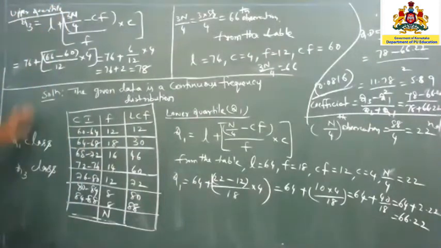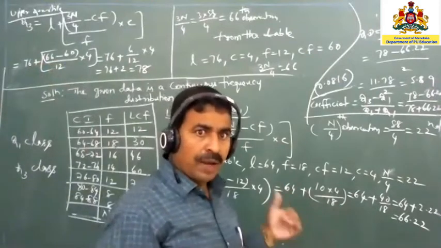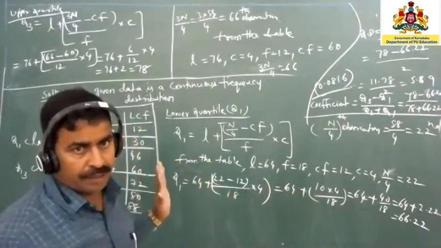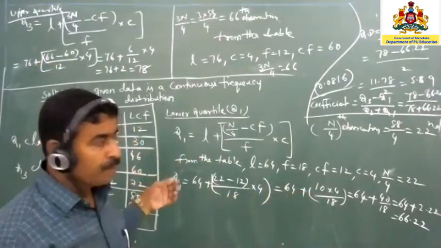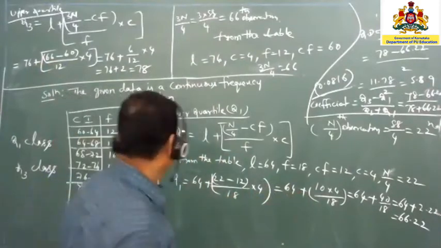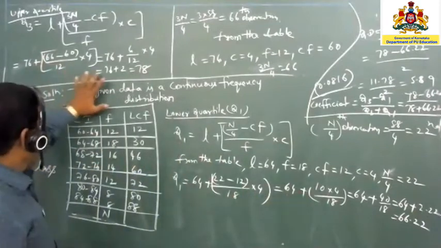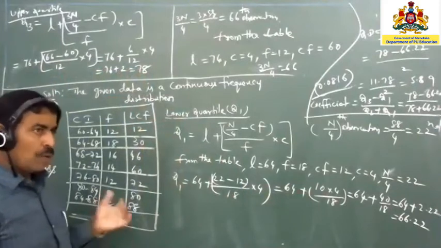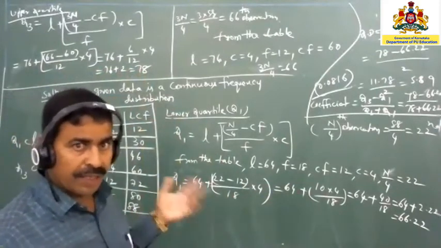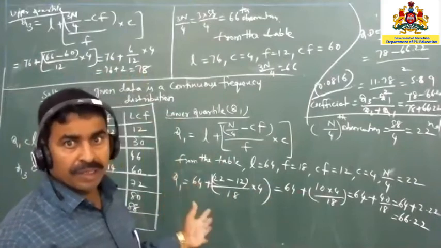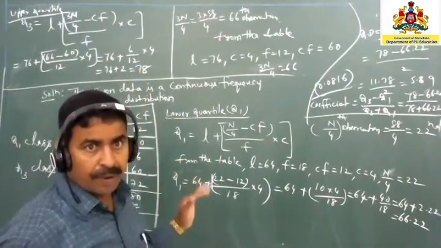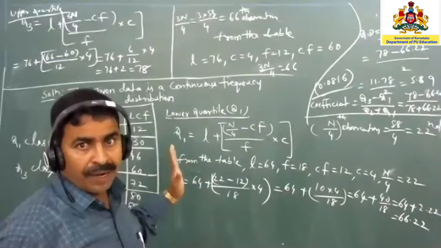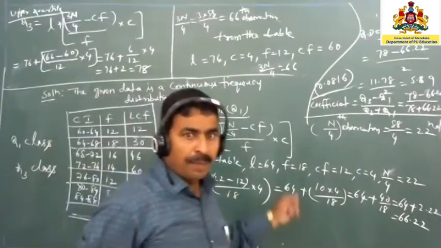You have learned in partition values how to find quartiles for the given data, then by using the formula we get the values and substitute in the quartile deviation formula. Quartile deviation and coefficient are the same for all types of data. Just know your difference: calculation of quartiles according to the type of distribution.